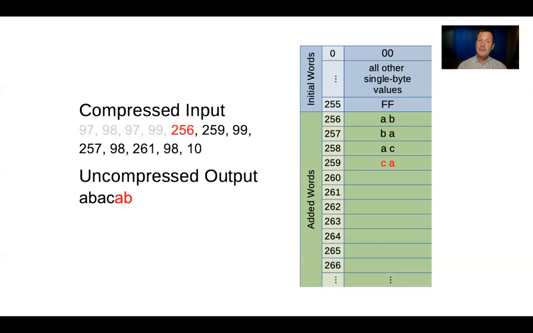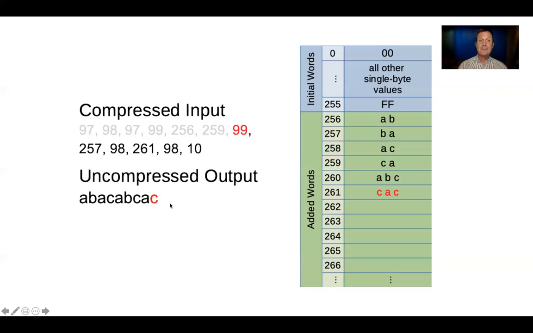The next code is 259. That's CA. So we know those are the next 2 bytes. And the previous word AB plus this next character C, the compressor would have added that to its dictionary. So we do the same thing. The next code is 99. That's a code for a C. The compressor would have added CAC to its dictionary.